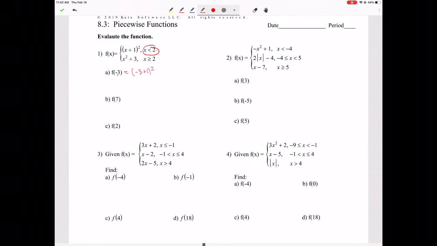Or for example, if x was, for this one, let's say this one would be 5. We'd want to see where that's going to go. Is 5, for this one, is 5 less than negative 4? No. Is 5 greater than negative 4? Yes. Is it less than 5? No. We'd use this one because 5 is greater than or equal to 5.